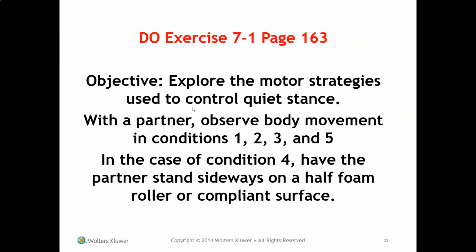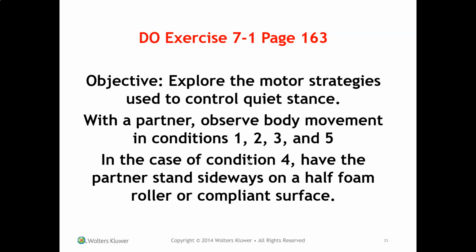Explore the motor strategies used to control quiet stance with a partner. Observe body movement in conditions 1, 2, 3, 4, and 5. This is a great little task to do, and unfortunately we don't get to do some of this stuff. What we would have done is look at your static balance, standing in place.